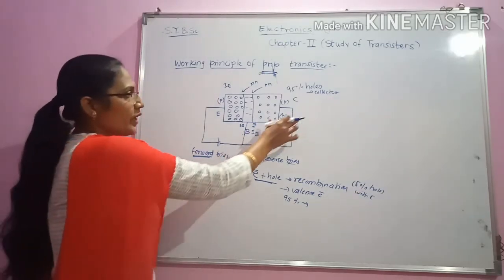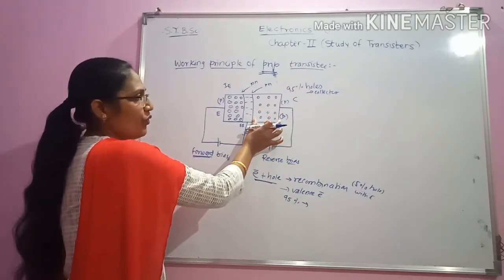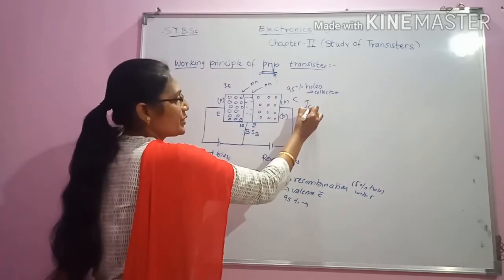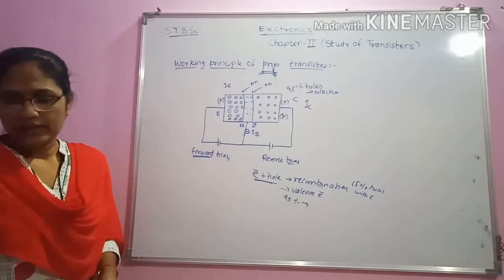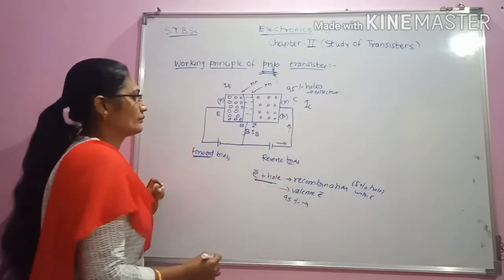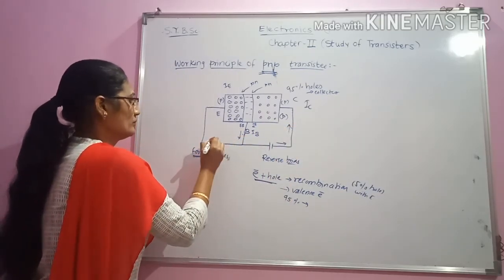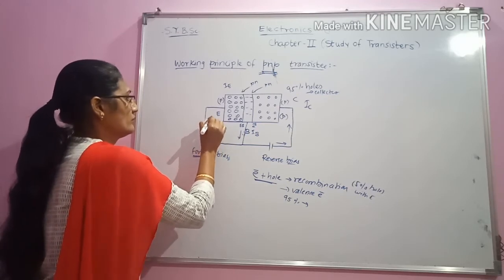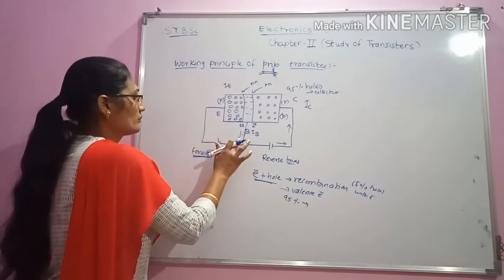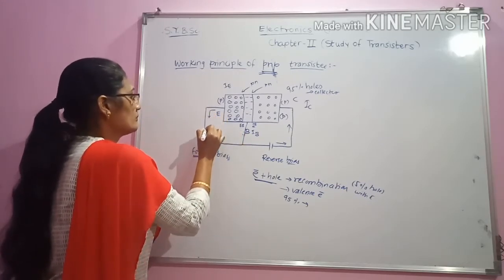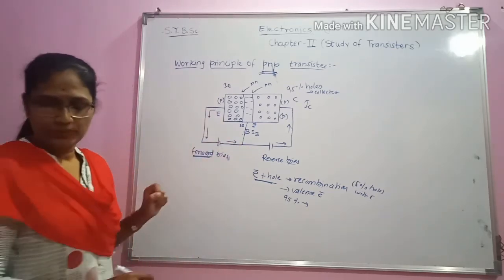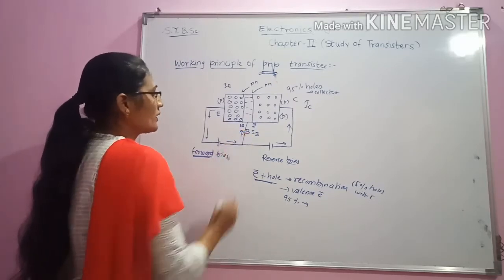Thus, due to the migration and collection of holes in the collector region, there is generation of current called IC. We have to show the conventional current, and we are showing the conventional current here.